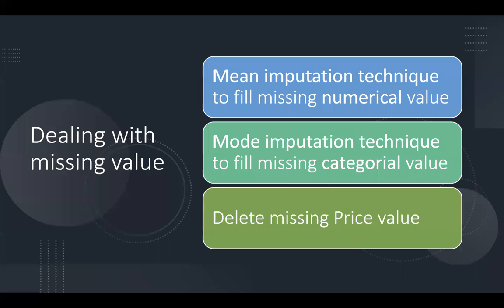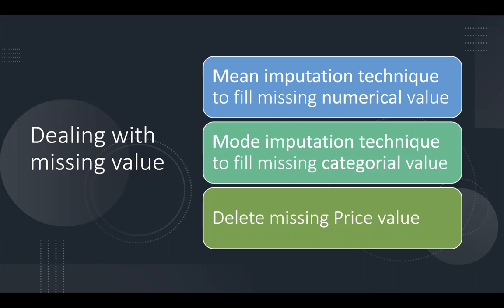Next, we talk about dealing with missing values, because our data has a lot of missing values with different features. We didn't want to delete all those missing values, as that would leave us only a small data set to work with for our model.